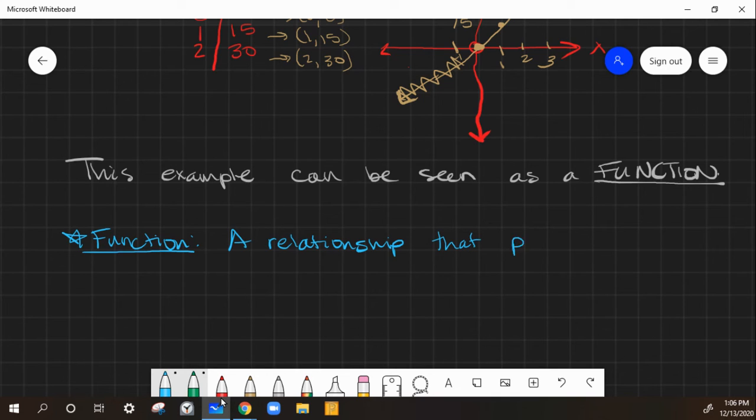Okay, so a relationship that pairs each input value, which we wrote above, with, and this is a very important word I'm about to write, exactly one output value.